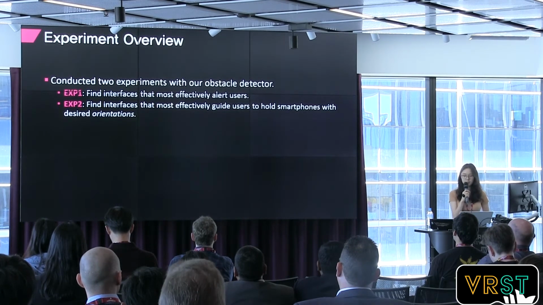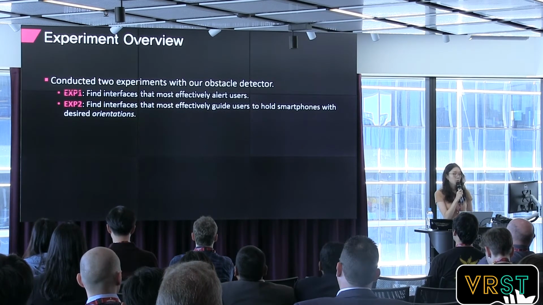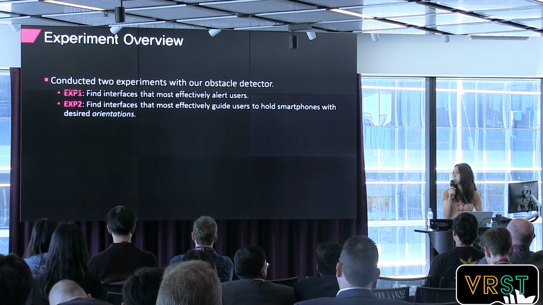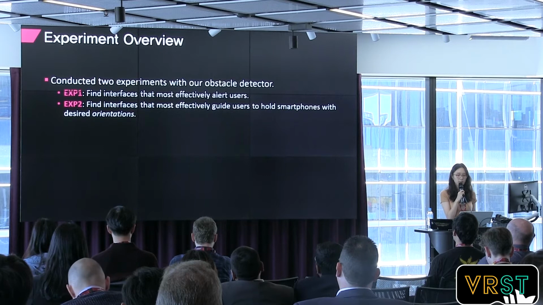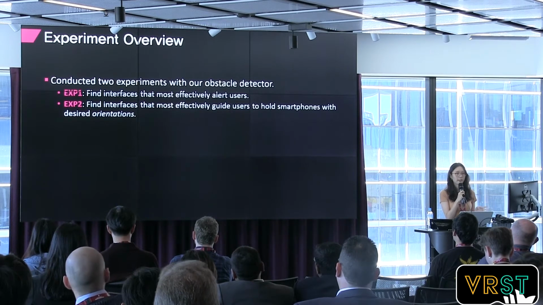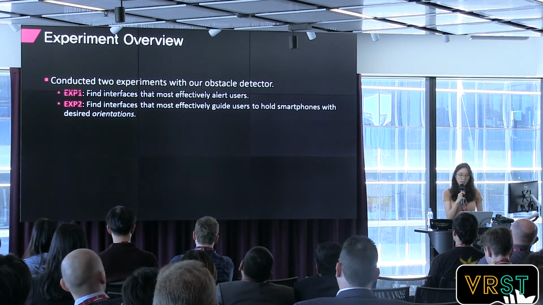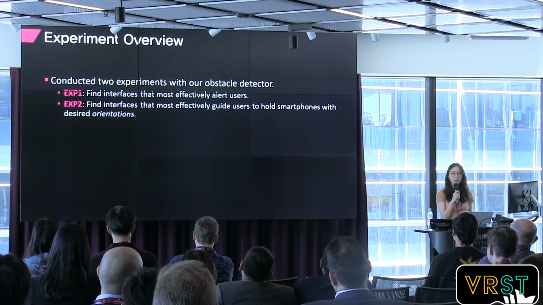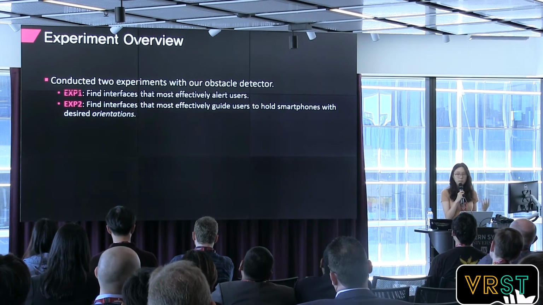Now, let's get into the actual experiments. We made 2 experiments with the obstacle detector. Experiment 1 was conducted to find interfaces that most effectively alerted users while least disturbing their AR experience. And experiment 2 was conducted to find interfaces that most effectively guide users to hold their smartphones with the desired orientation.